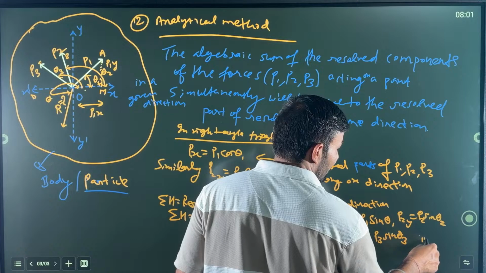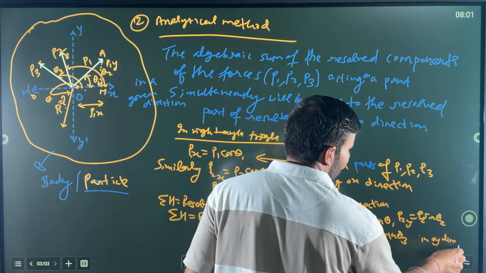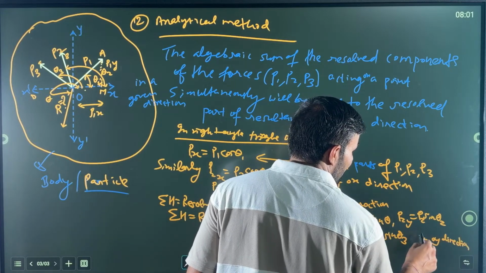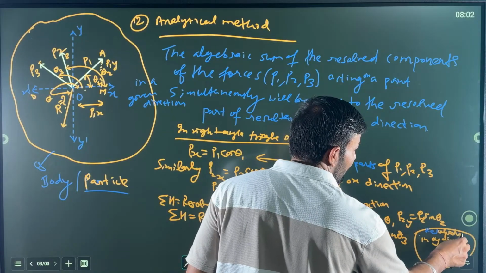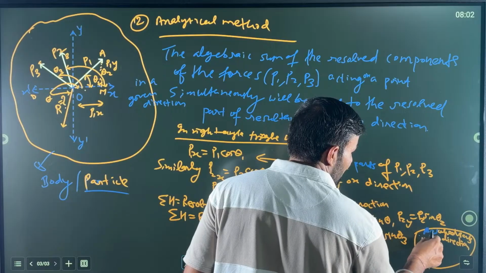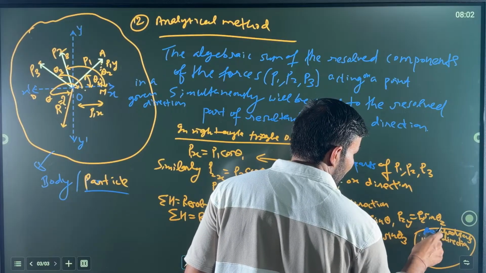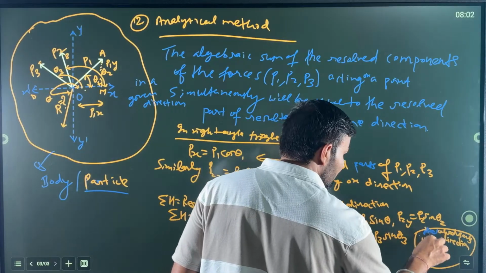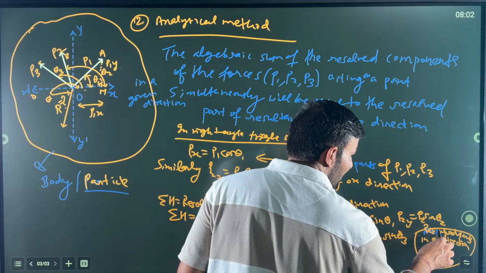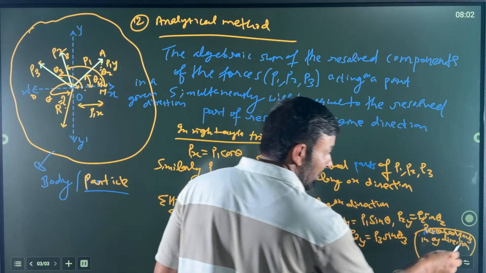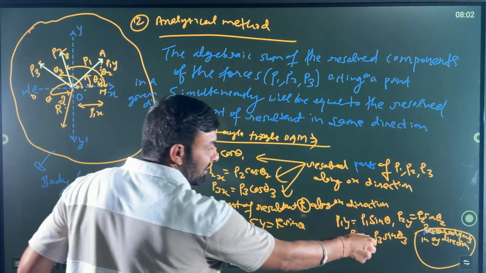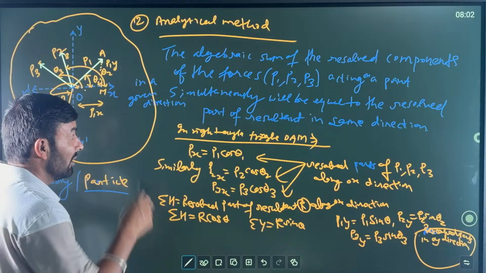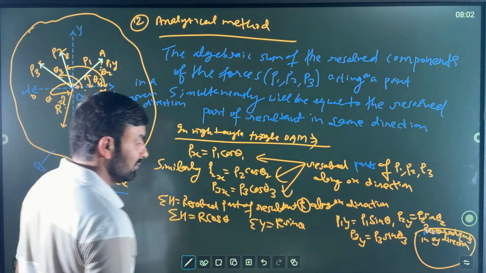These are the resolved parts of P1, P2, P3 in the OY direction, P1y, P2y, P3y, because we use trigonometry.